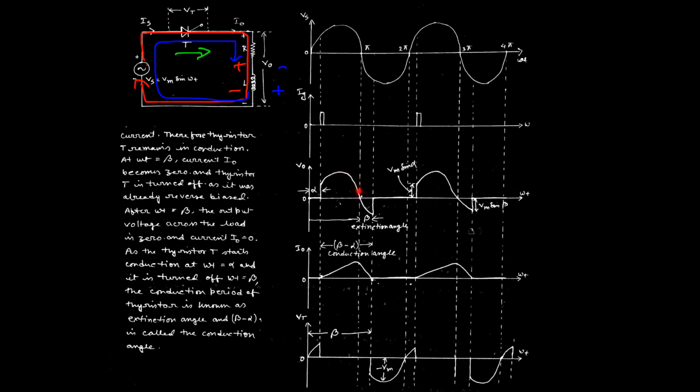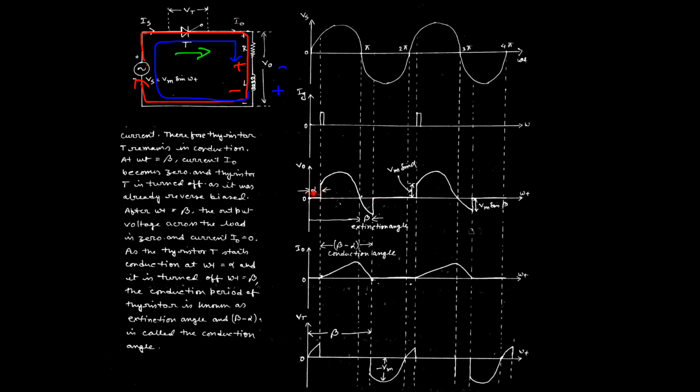So we can draw this part, which will follow the waveform of the supply voltage. At the particular point at which we assume the inductor is completely discharged, this is called the extinction angle.